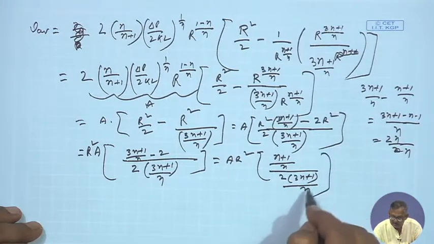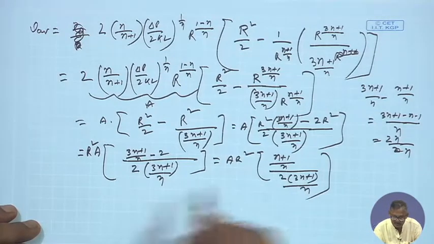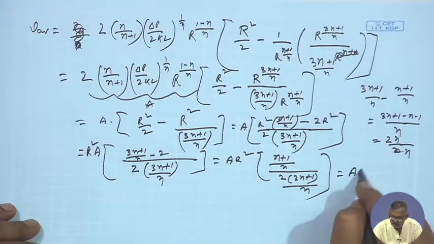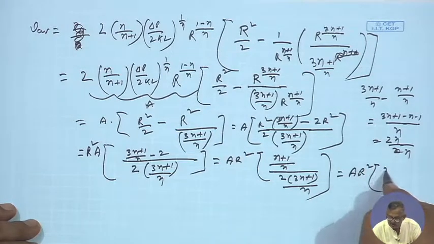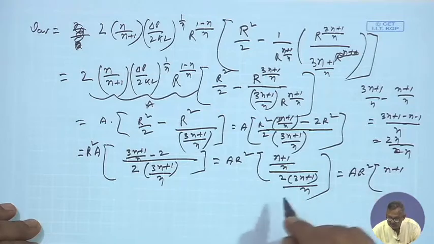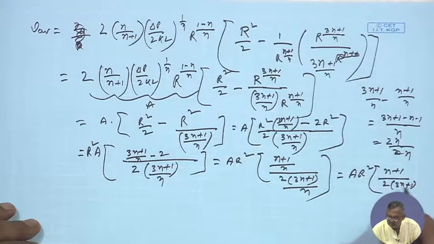So, this n, that n goes out. So, ultimately it comes equal to a r square into n plus 1 by 2 into 3n plus 1, right.